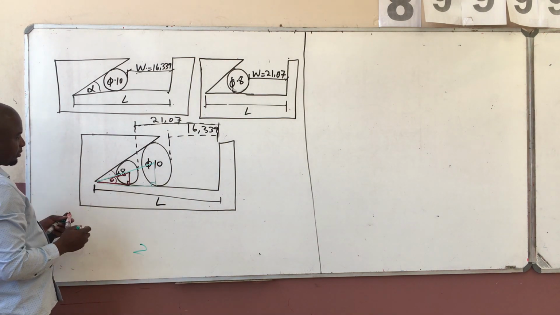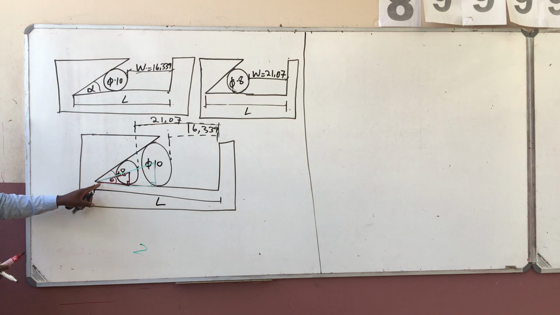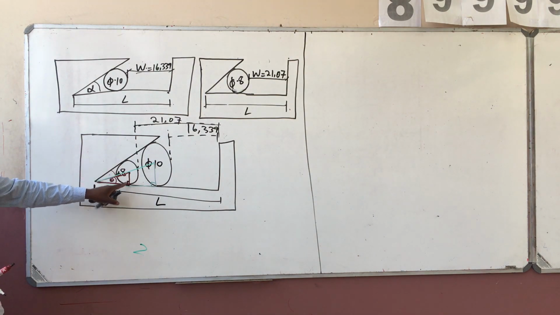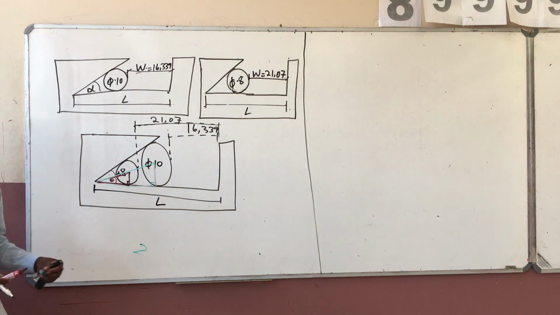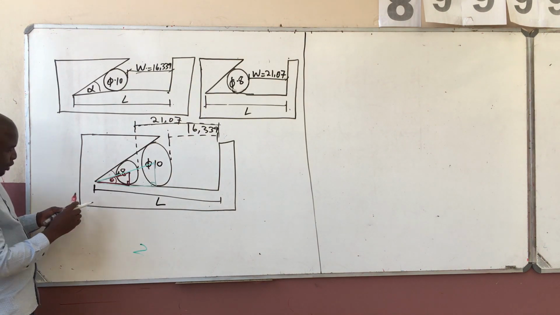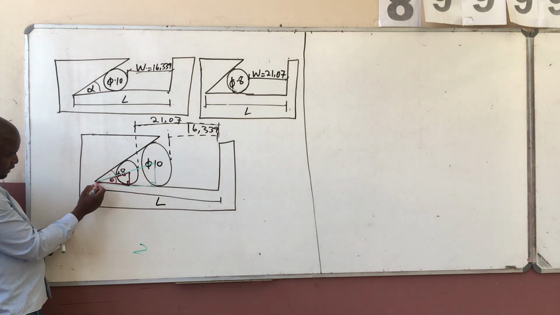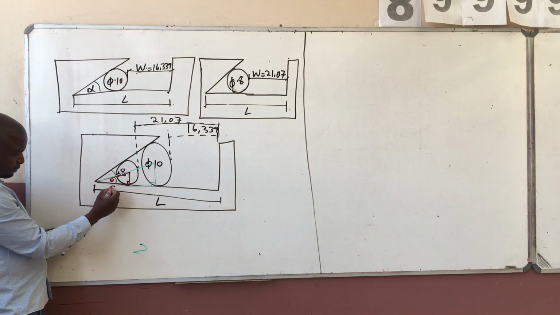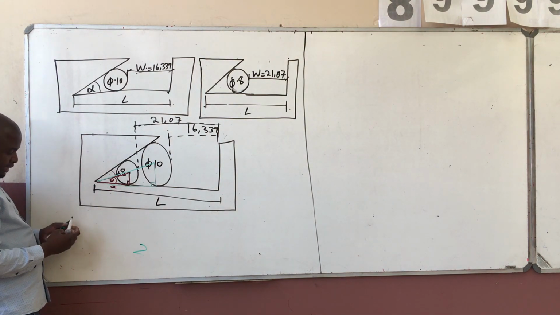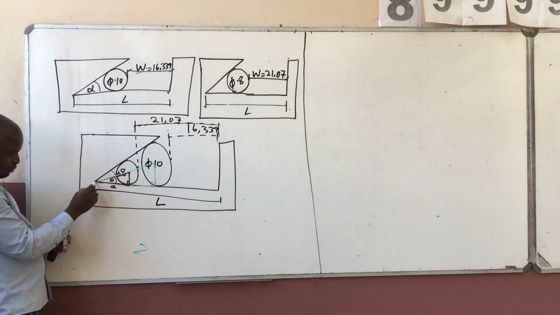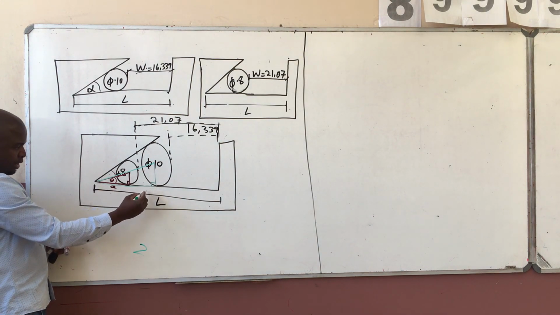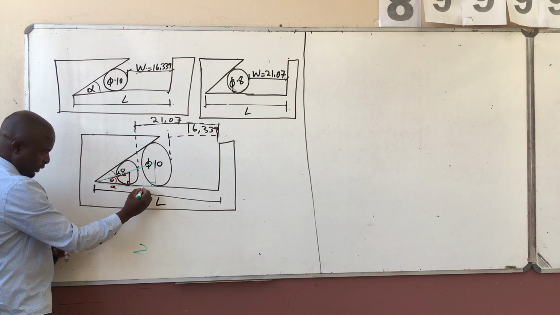So the first triangle and the second triangle, you can see that theta is common. Theta is the same for both. On the first triangle, this distance from here to here, I will name it A. In the second triangle, the distance from here to here, I will name it B.